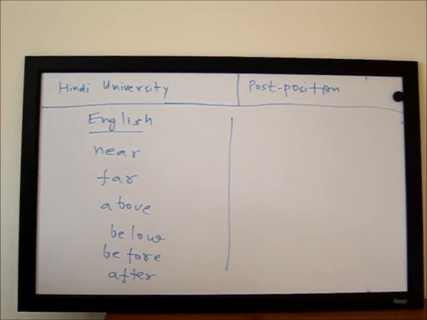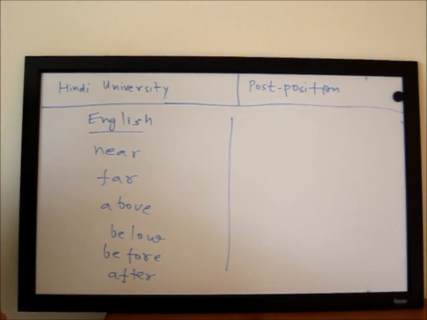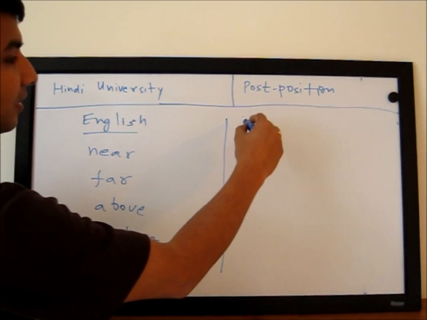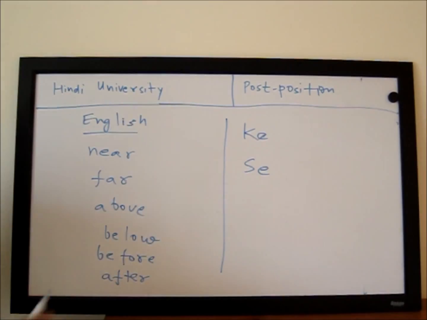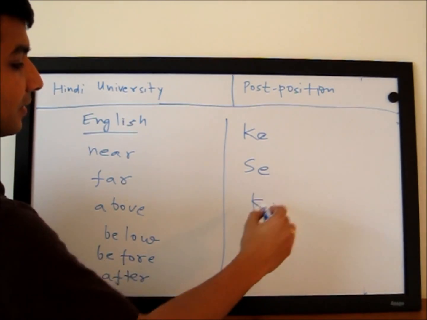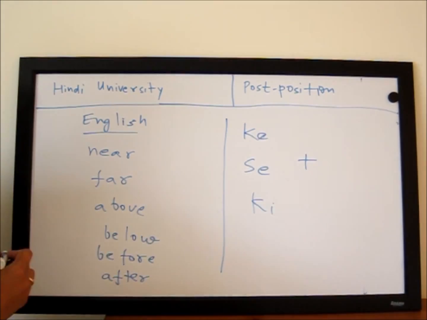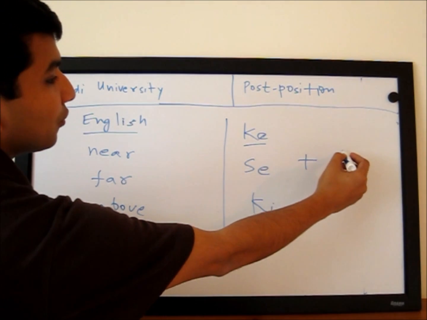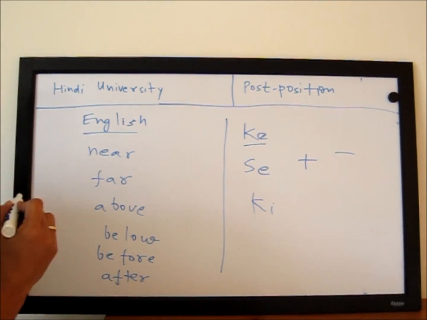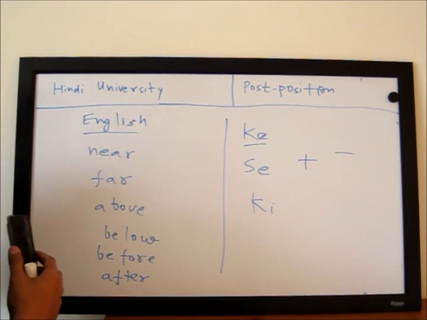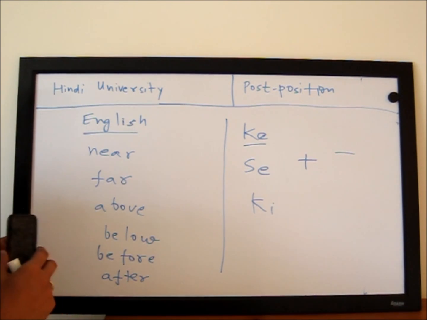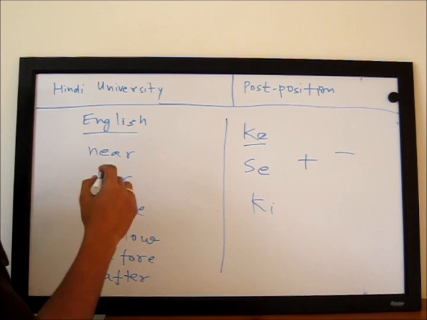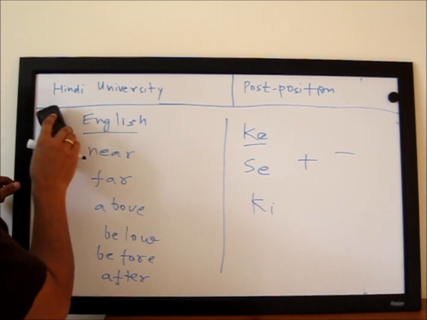In Hindi, when you use these postpositions, you'll be using them in addition with ke, se, ki. You'll be using one more word, so that's why it consists of more than one word. Compound postposition. Let's start with one example called ke aage. It's "ahead" basically.